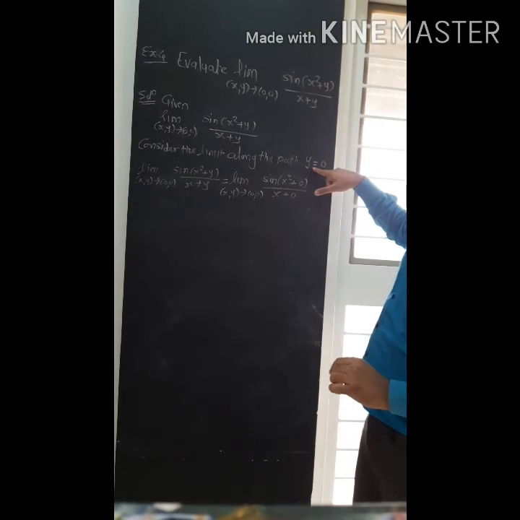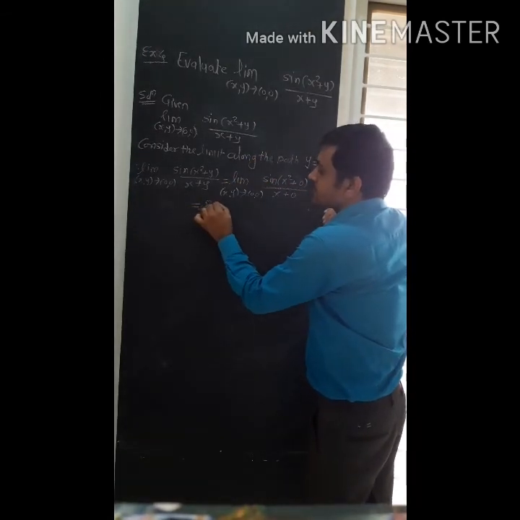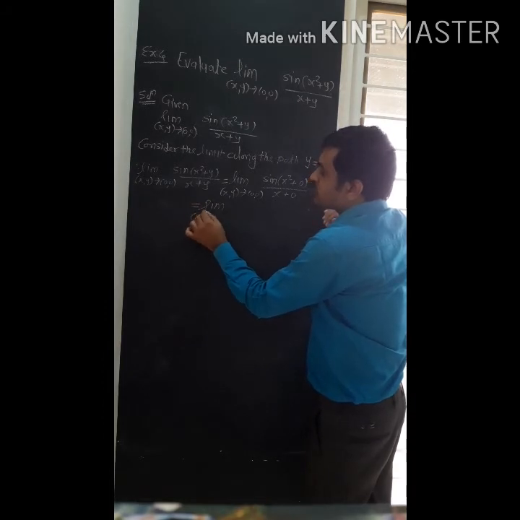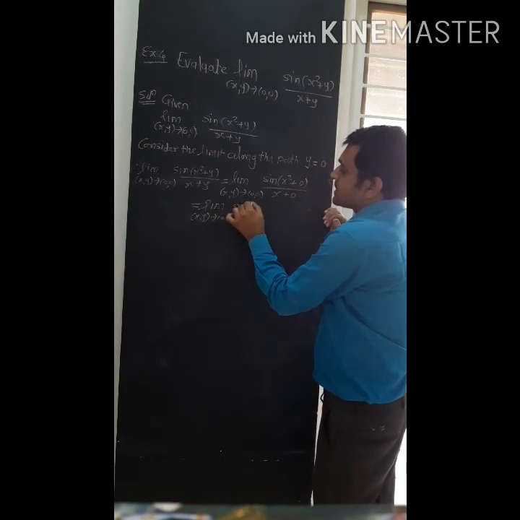Here we just replace y is equal to 0. Therefore this limit becomes limit (x,y) tends to (0,0) of sin x square upon x.